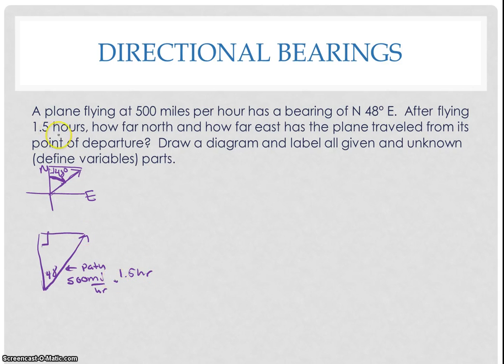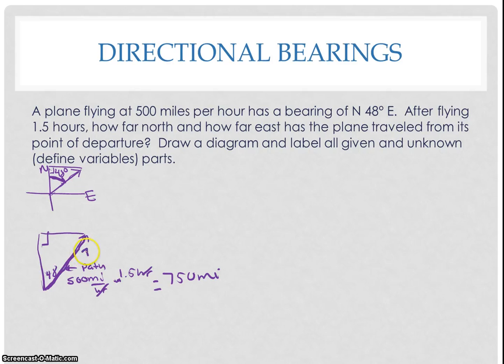So we can figure out the distance or the length that it flew in that 1.5 hours using dimensional analysis. So if we do 500 times 1.5, we're going to get 750 miles.